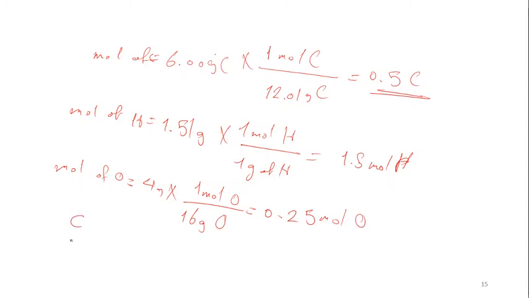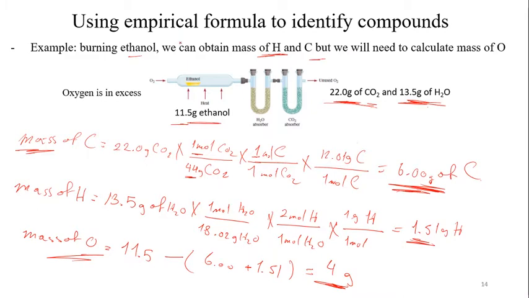This means I have 0.5 moles of carbon, hydrogen I have 1.5, and the oxygen is equal to 0.25. If I divide the 3 of them by 0.25, this means I have C equal to 2, H equal to 6, and O equal to 1. And that is the empirical formula of the ethanol.